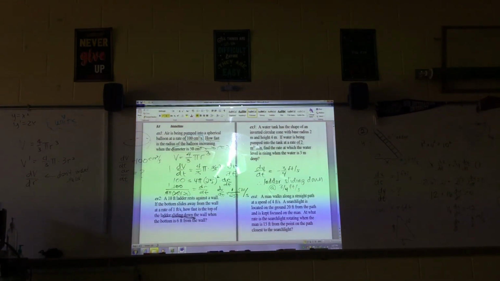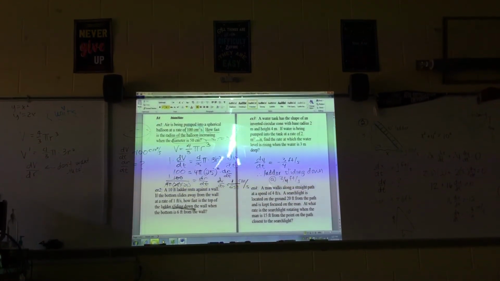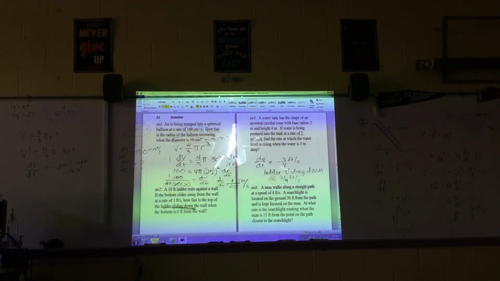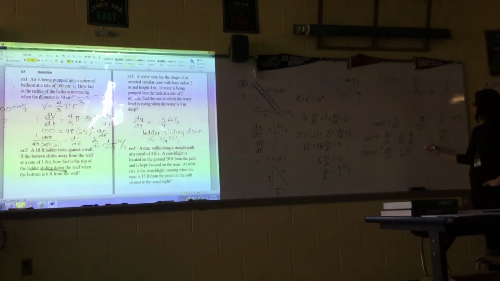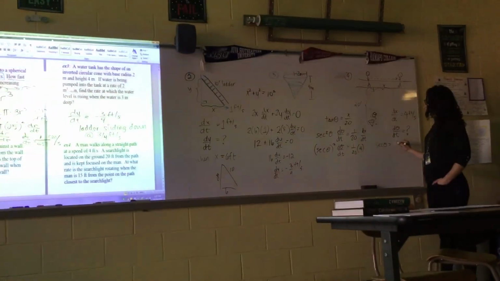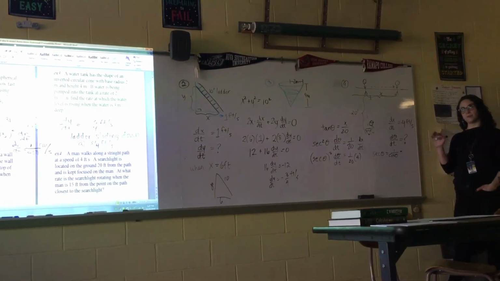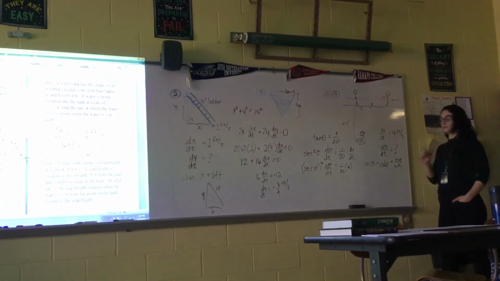But I need to know what secant of theta is so that I can square it and put it there. Secant theta is 1 over cosine theta, which means instead of it being adjacent over hypotenuse, it's hypotenuse over adjacent. Do you guys agree? Okay.